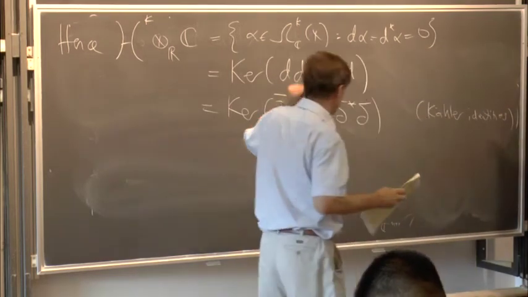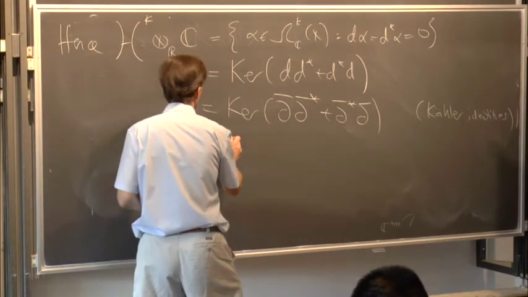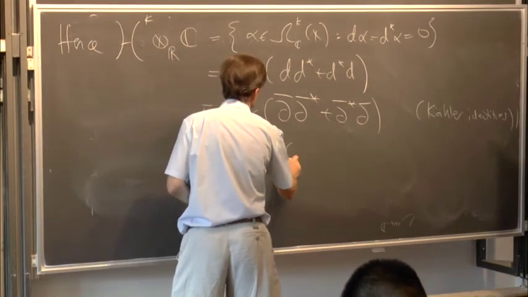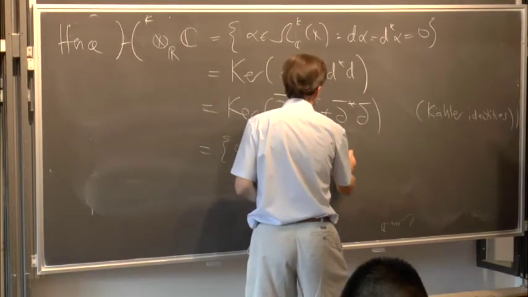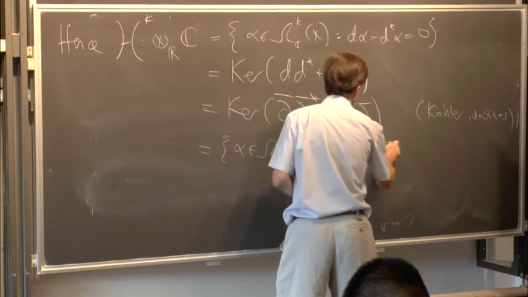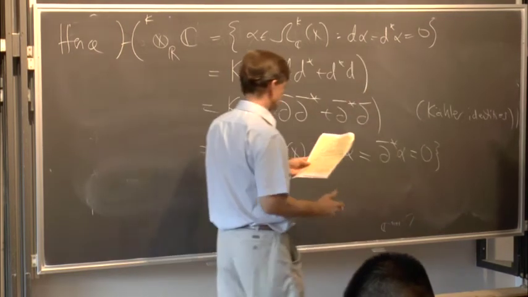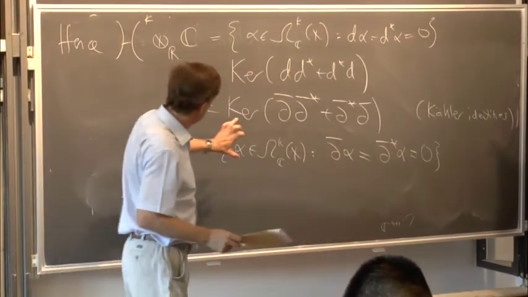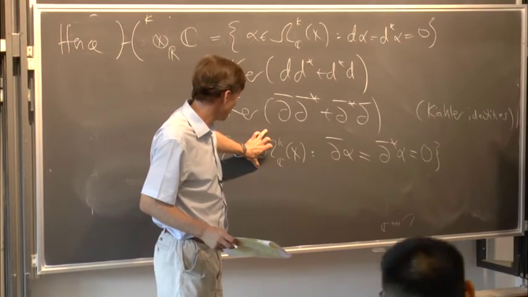because those two operators are the same up to the factor half. So this is now alpha in the complex k-forms on X for which ∂-bar alpha and ∂-bar star alpha are 0. And now the k-forms here are a direct sum of (p,q)-forms.